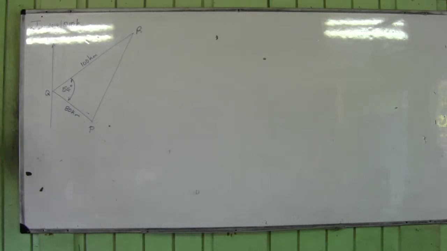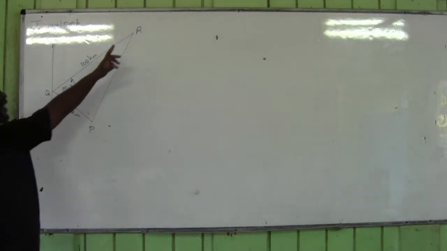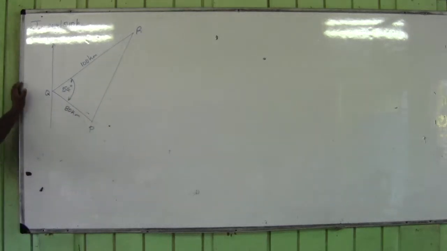Calculate the bearing of P from Q. But before we go there, let us put in the 66 degrees. We're told that R is 100 kilometers from Q on a bearing of 66 degrees. That simply means that the bearing of R from Q is 66 degrees. To indicate the bearing of R from Q, at Q you must draw your north-south line.